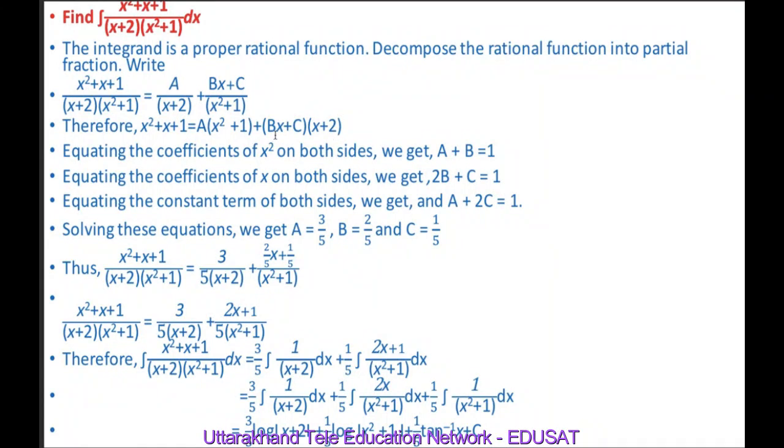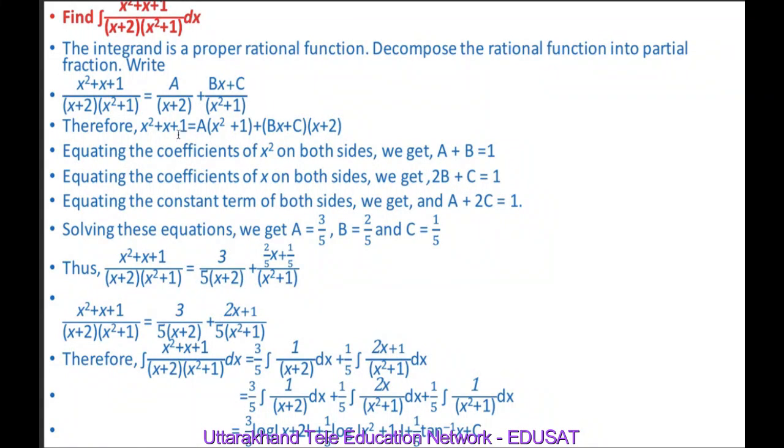If you multiply bx by 2, you get 2bx, so the coefficient of x is 2b. If you multiply by c, you get cx, so the coefficient of x is c. So 2b plus c equal to 1.